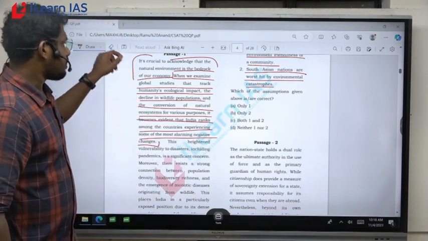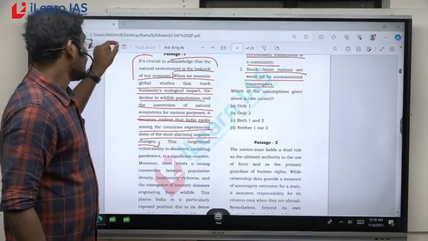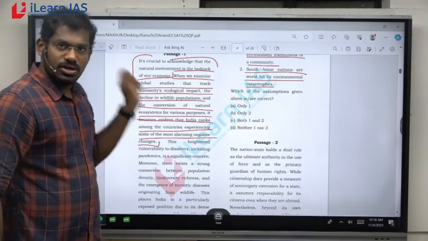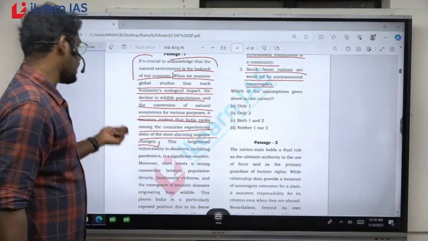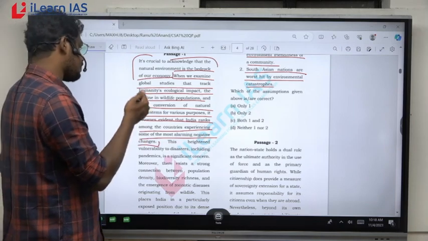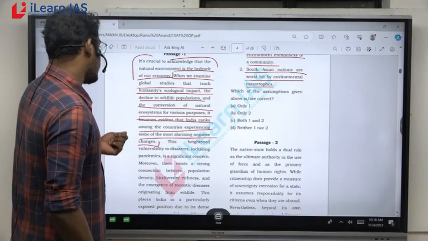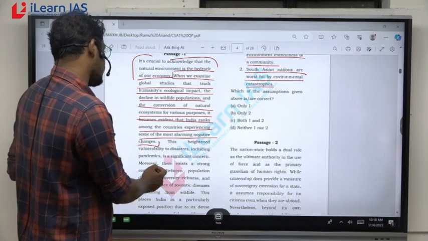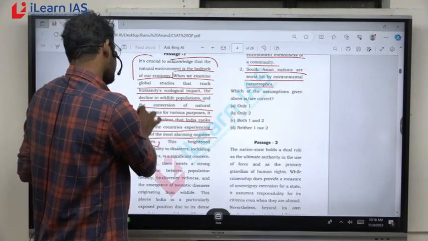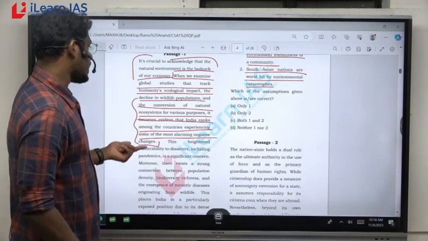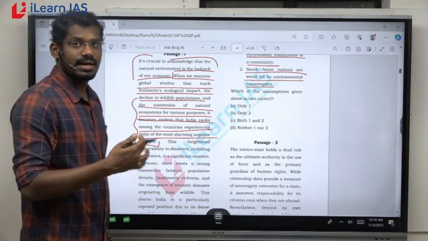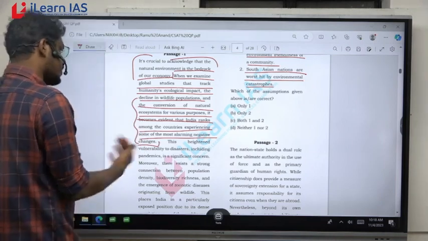In the initial part, the passage says that the natural environment is the bedrock of our economy, but unfortunately, India is one of the countries which deals with the ecosystem in a deteriorating manner.